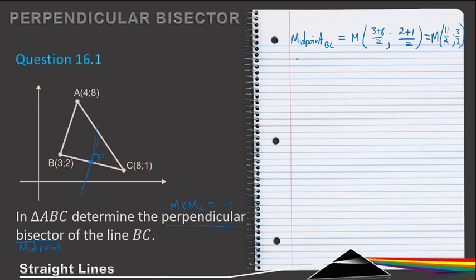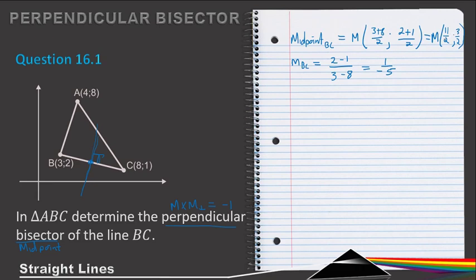Right, then we need to find the gradient of that line. So the gradient of BC is change of y, so 2 minus 1, over the change of x, 3 minus 8. So this is then 1 over negative 5, and that is our gradient.